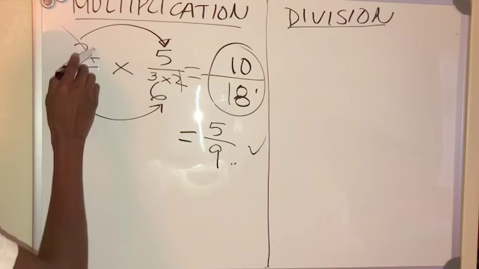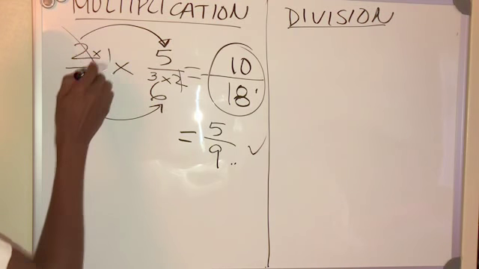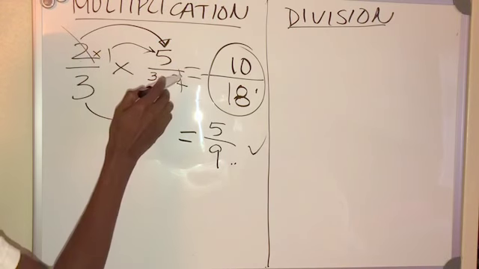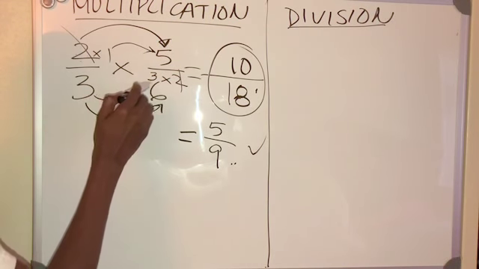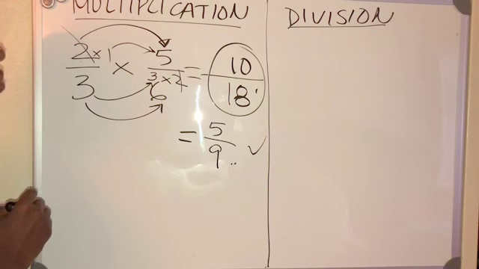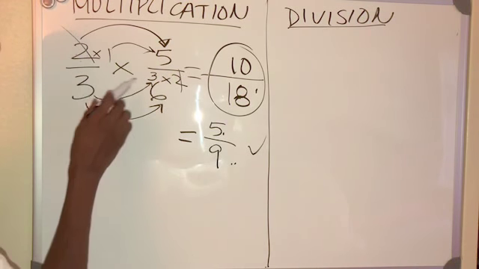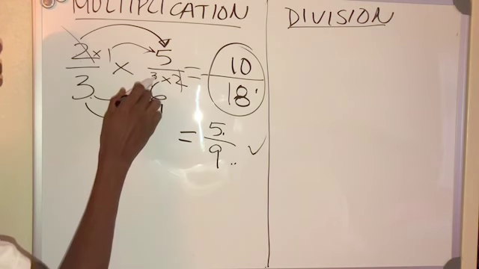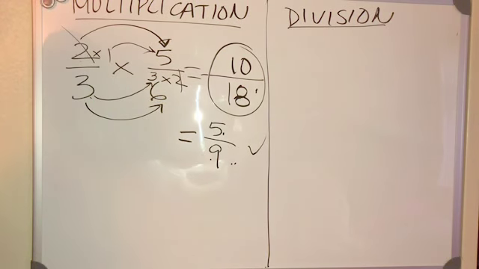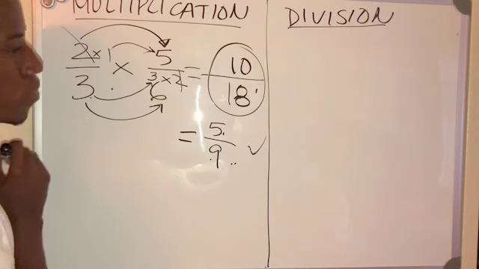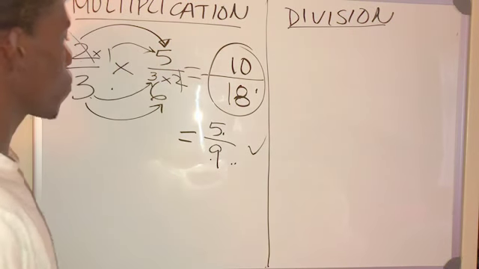This is going to be 1, so you say 1 times 5 instead of 2 times 5, and you delete this 2 and you say 3 times 3. So 1 times 5 gives you 5. And 3 times 3 gives you 9. So you can simplify either before you solve or after you solve.